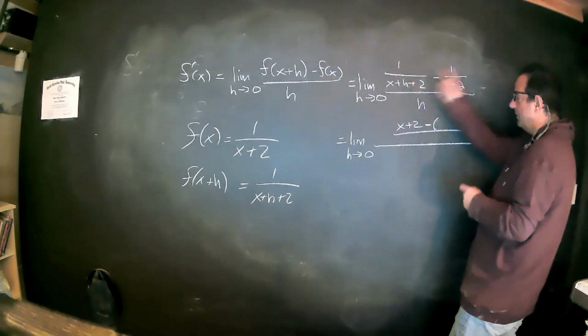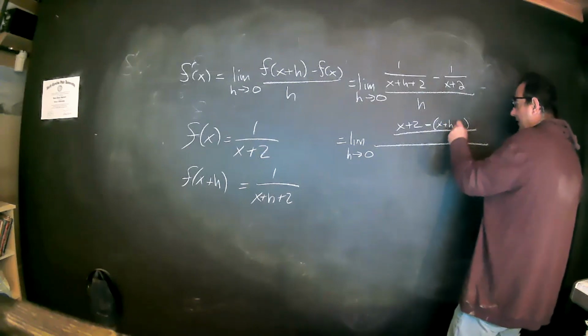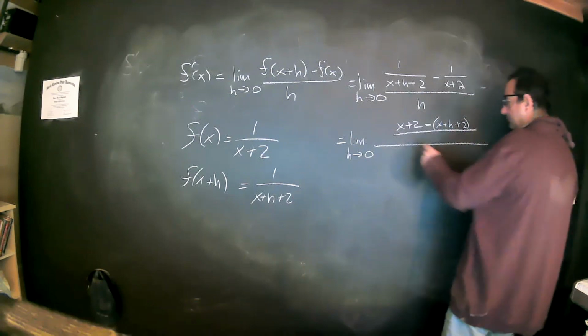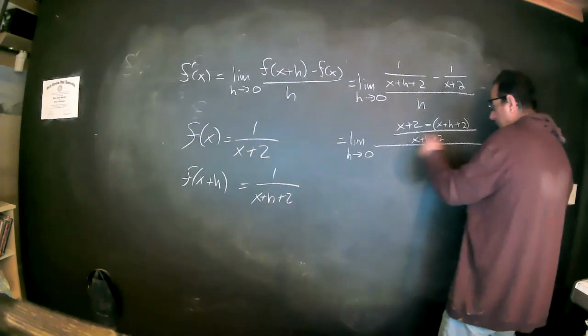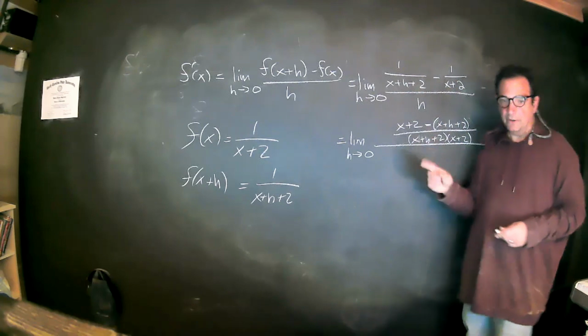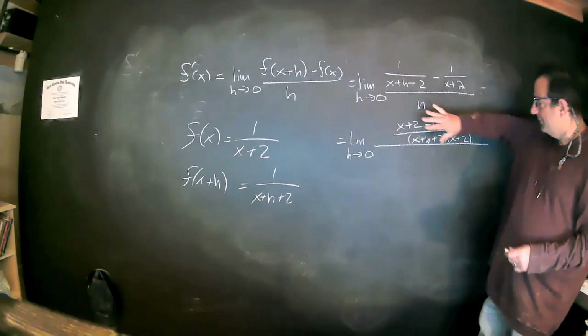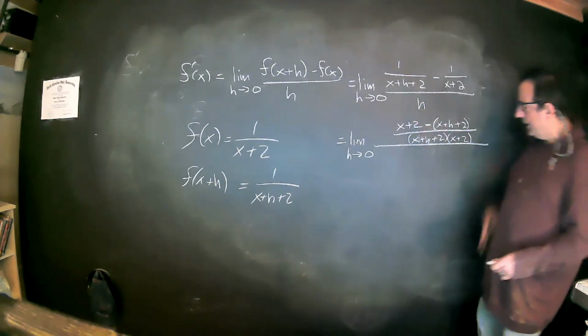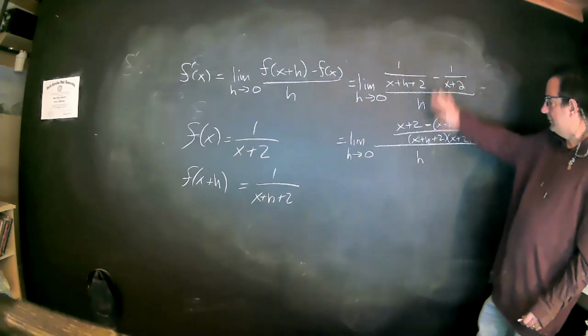I better put parentheses around this because we're going to have to distribute the minus sign and we're going to get some cancellation. The denominator, of course, is x plus h plus 2 times x plus 2, the product of these two things. Now this is a big fraction in the numerator, and that's all going to be over h. We can't forget that because this is the recipe.